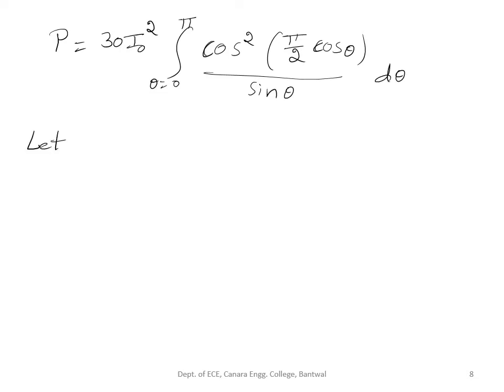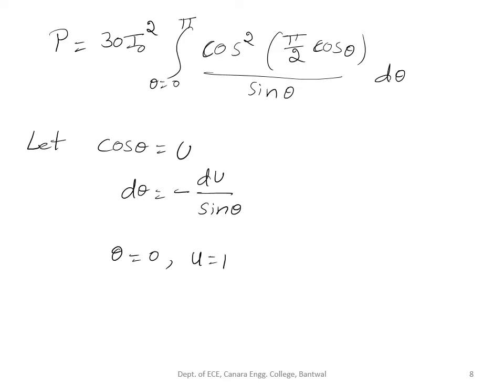Let cos theta equal to u, then d theta is equal to minus du divided by sin theta. When theta equal to 0, u equal to 1. When theta equal to pi, u equal to minus 1.